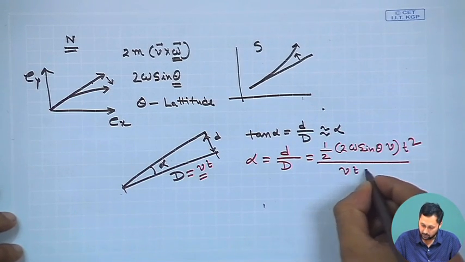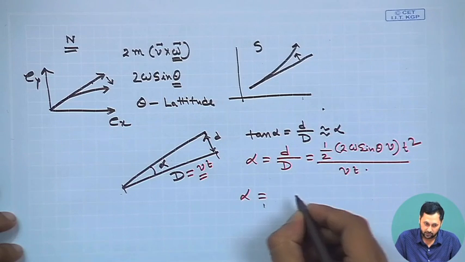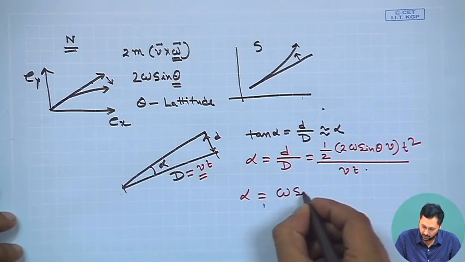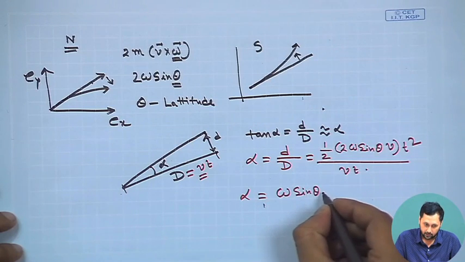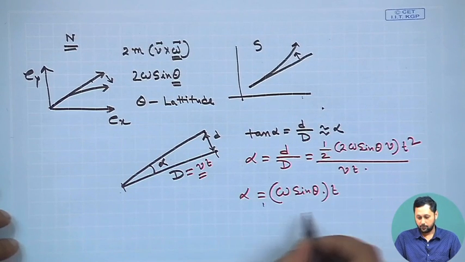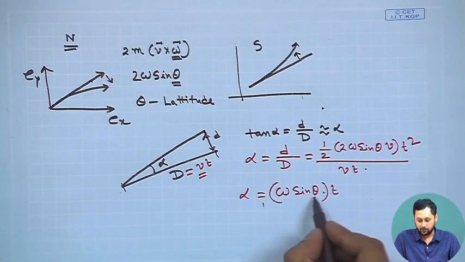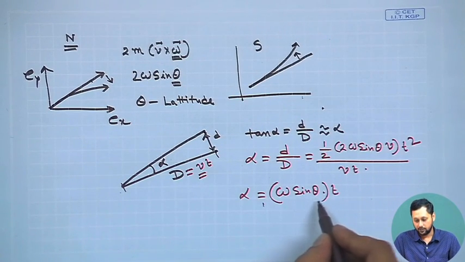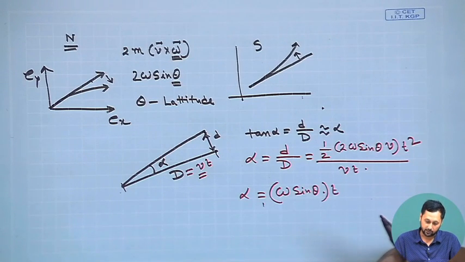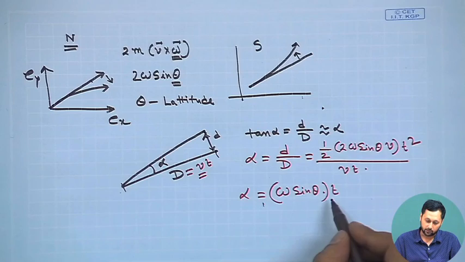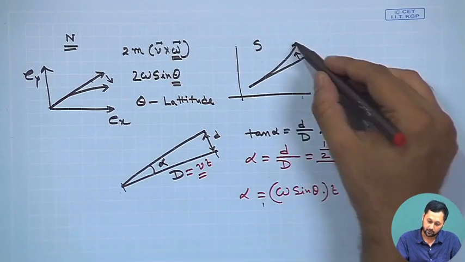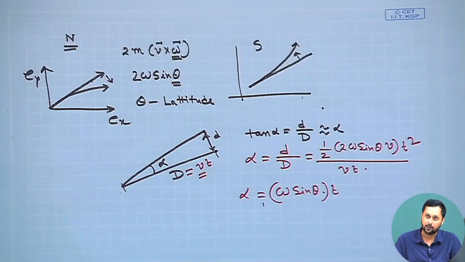So, we see that the angular deviation from this calculation will be omega sin theta times t. From this, if we know the latitude theta, we can calculate the angular deviation for a projectile in the northern or southern hemisphere. The only difference is that in the northern hemisphere it will be towards the right of its original direction, and in the southern hemisphere towards the left.